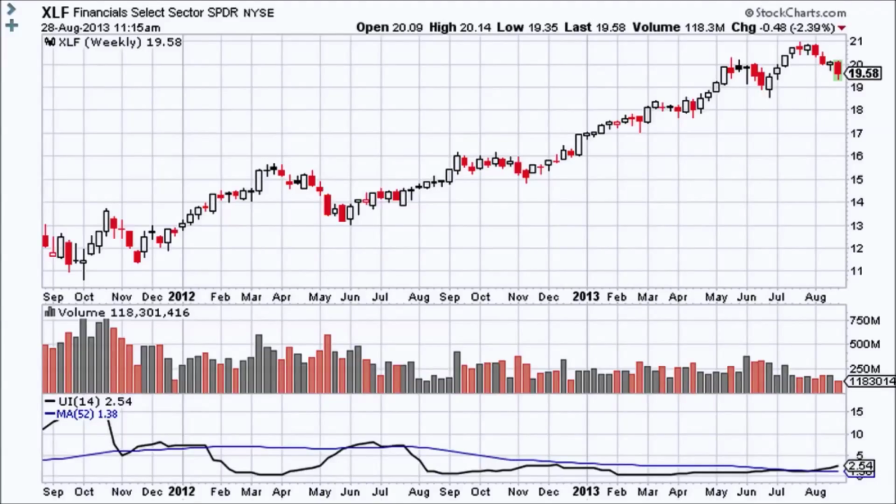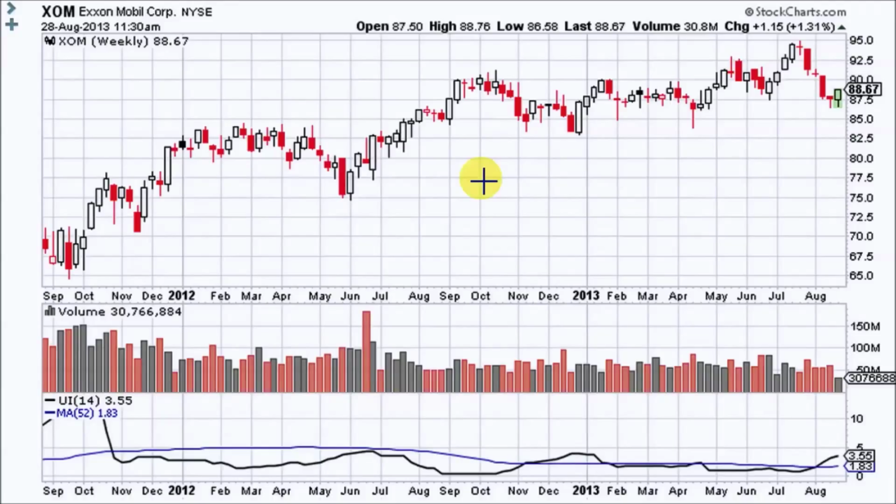Now, as an example, let's say your favorite sector is the energy sector, specifically the big oil refiners like ExxonMobil. And you're choosing between three of the biggest refiners, your favorite three, and you want to know which one has the least amount of downside risk. So you load up the Ulcer Index with a standard 14-week setting on a 2-year weekly chart, and the first thing you do is look at the highs.